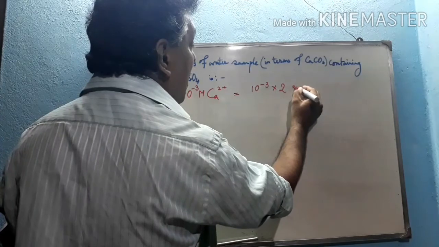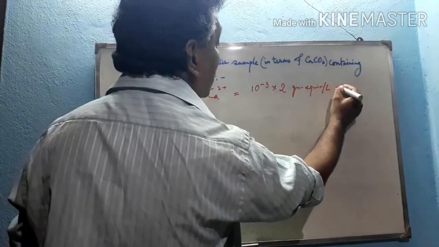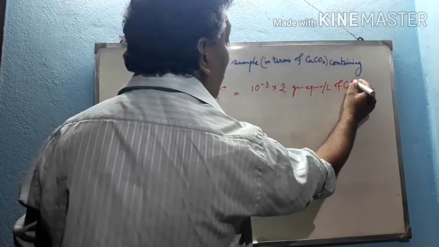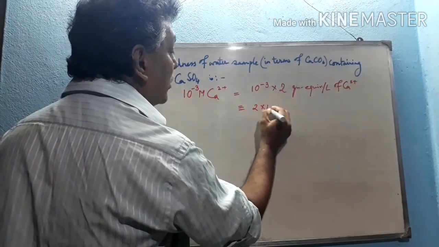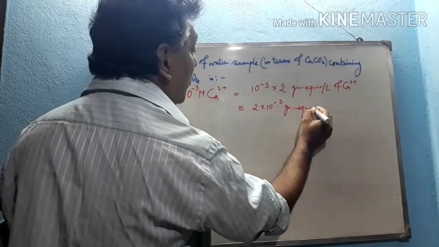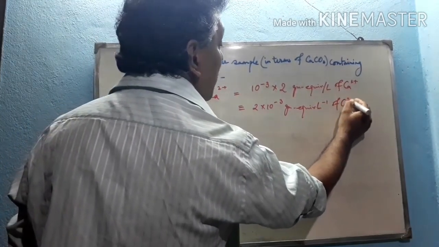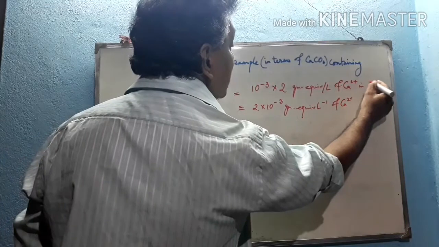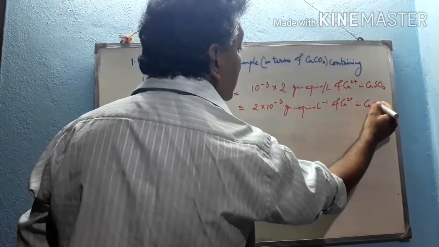That means this is the gram equivalents per liter of Ca2+ ion, equivalent to 2 into 10 to the power minus 3 gram equivalents per liter of Ca2+. This is in CaSO4, and this is in CaCO3.